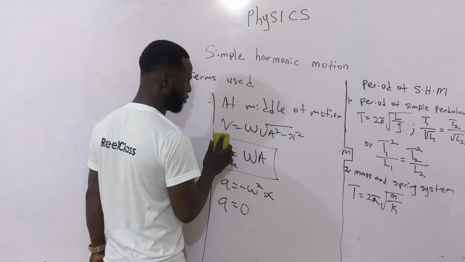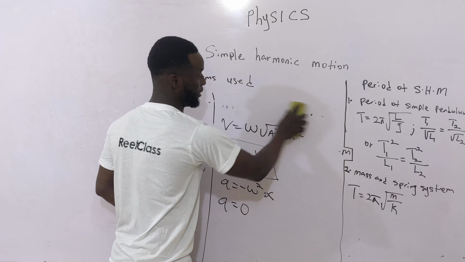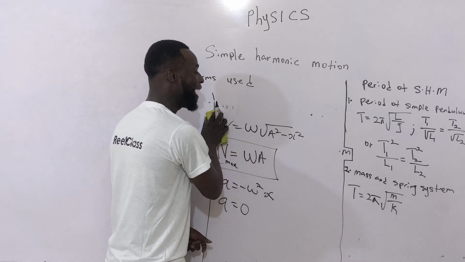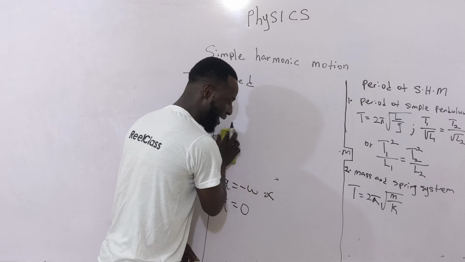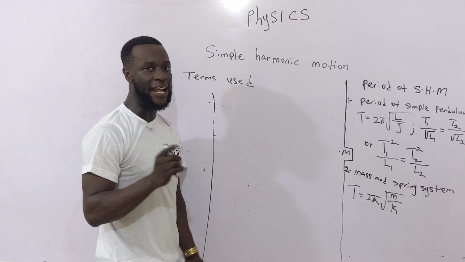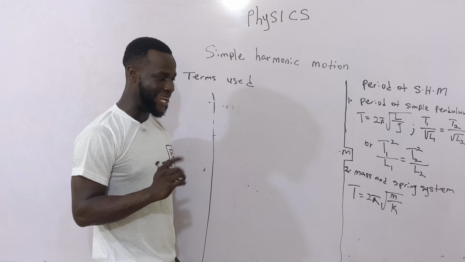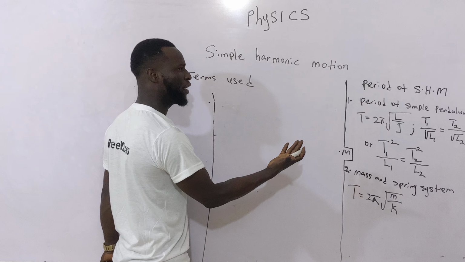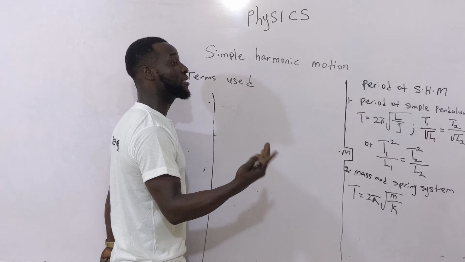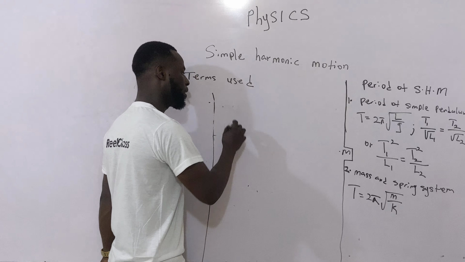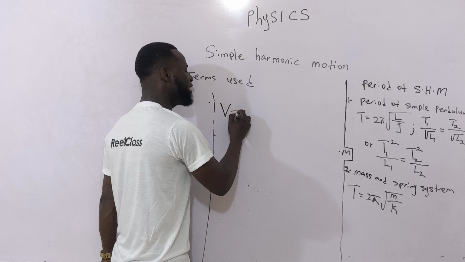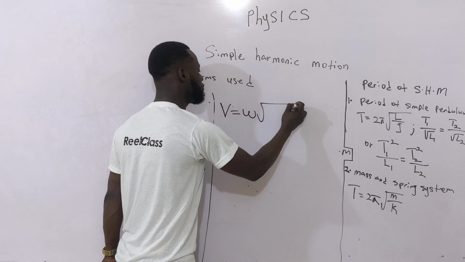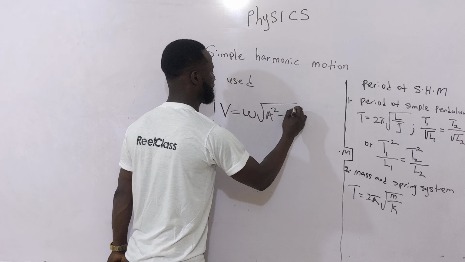At the ends of motion, recall that I just said that x is equal to a. And if x is equal to a at the end of motion, then what will happen to velocity at the end of motion? What will happen to acceleration at the end of motion? Velocity v is equal to w square root of a squared minus x squared.